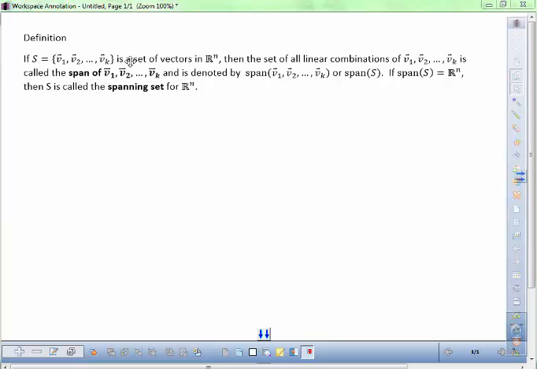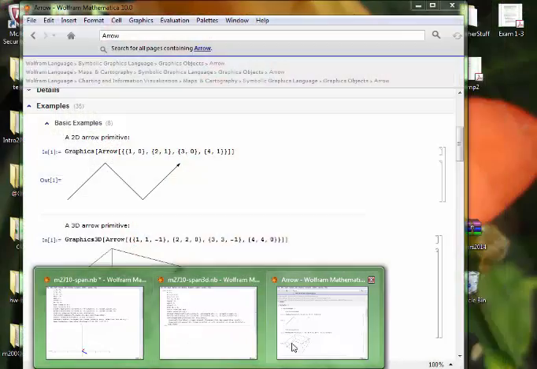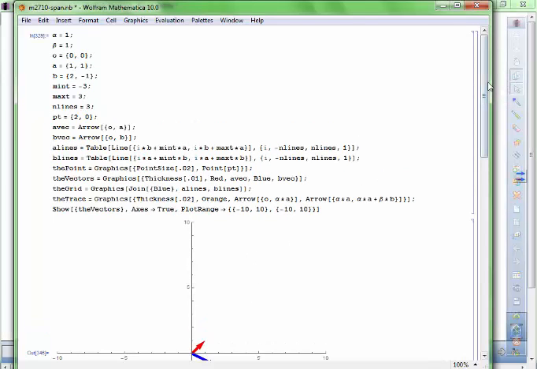So with that, I got a visual, and I've been working on this Mathematica program file. Would be this one first, where I would define two vectors, and I would draw two vectors and see what the span is. So these are my two vectors.